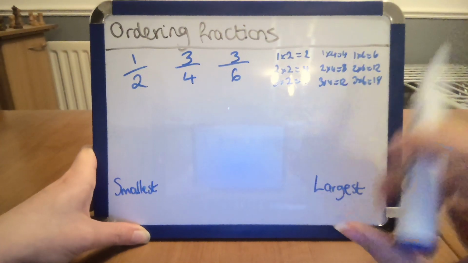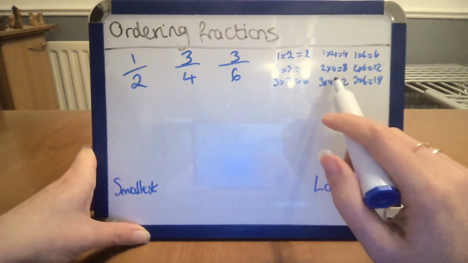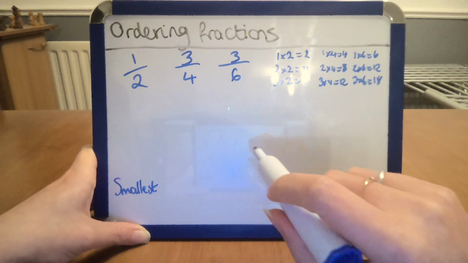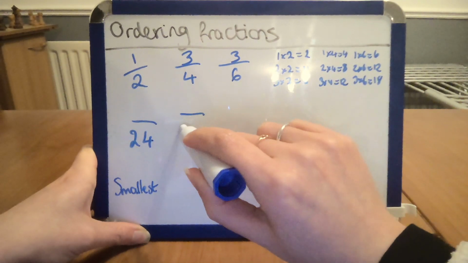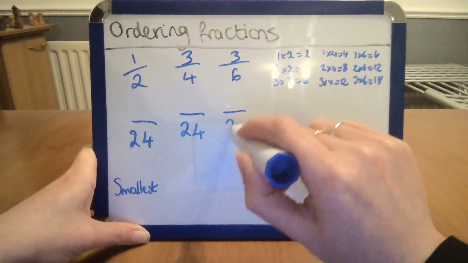So I know that 24 appears in the 2, 4 and 6 times table. So the bottom number I am going to change each of these fractions into is going to be 24.